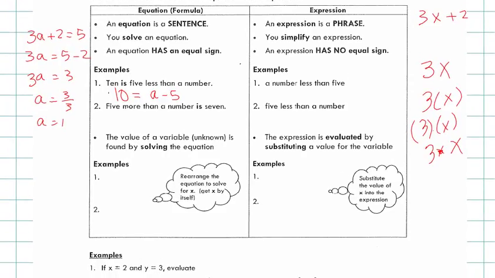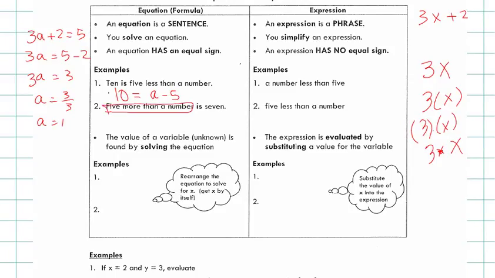5 more than a number is 7. Read that again. 5 more than a number is 7. Do we agree with that? 5 more than a number, how do you write that?